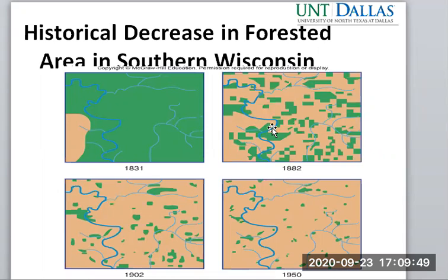So this decrease in wooded area of Cadiz Township during the European settlement has led to the historical decrease in forested area in southern Wisconsin. In 1902, it's even much lower, and in 1950, you can see only some of those forests. So that's a historical decrease in forest area in southern Wisconsin.